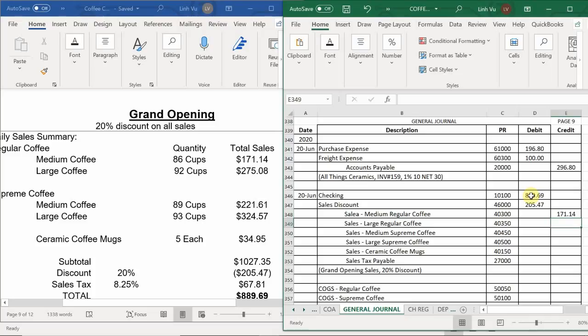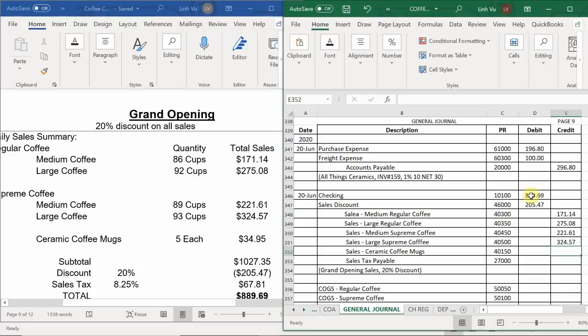Sales for my large regular coffee? 175.08. Sales for my medium supreme coffee? 21.61. My sales for large supreme coffee? 324.57.